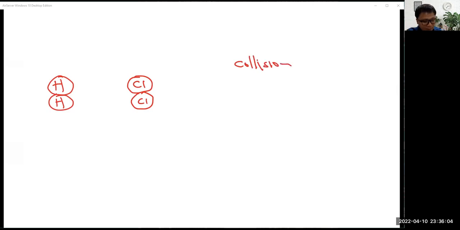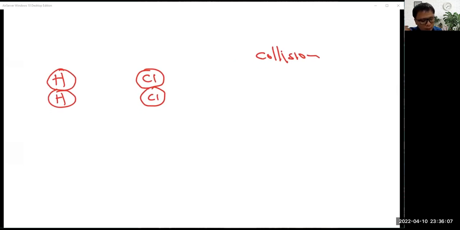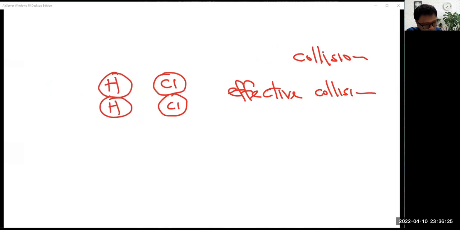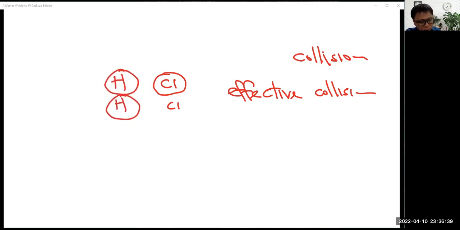Then, for an effective collision, which means a successful collision, first you must collide strongly so that it forms a new chemical bond, what we call the covalent bond, where they actually share electrons. Imagine if you hit strongly enough, then the shells will be able to... wait, first I redraw this thing in order to have a better picture.